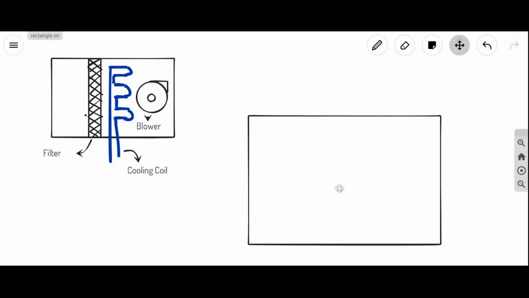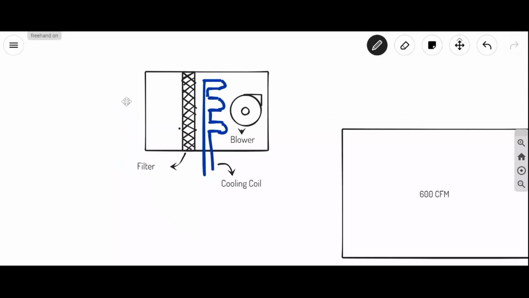Assume this is a bigger space where we need to cool. To cool this area, I am assuming 600 CFM of air is required. Okay, 600 CFM of air is required to cool this space. Clear? Now, what will be happening? First, the AHU sucks the air from outside.